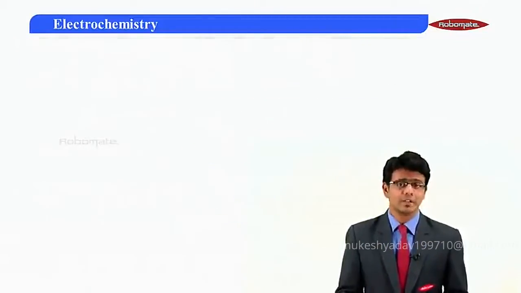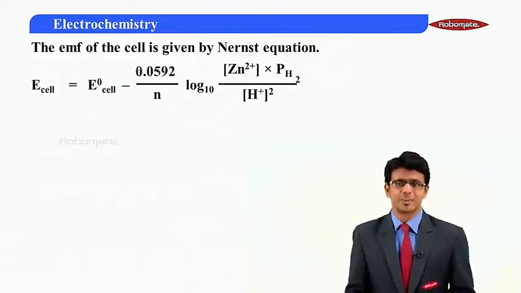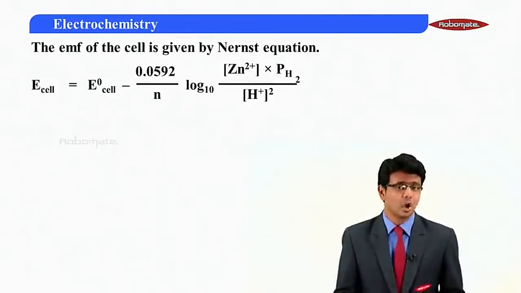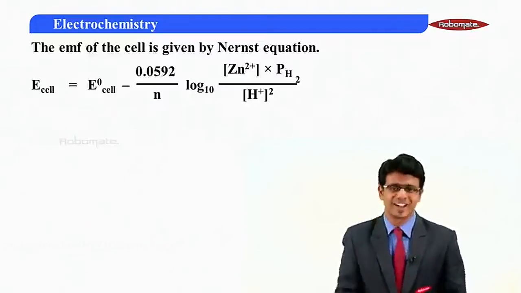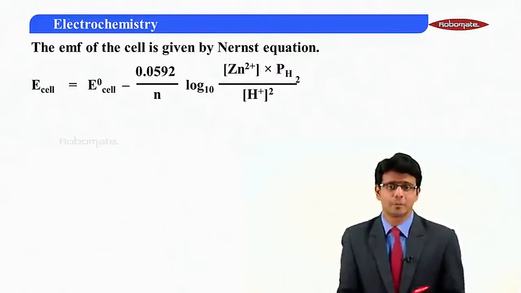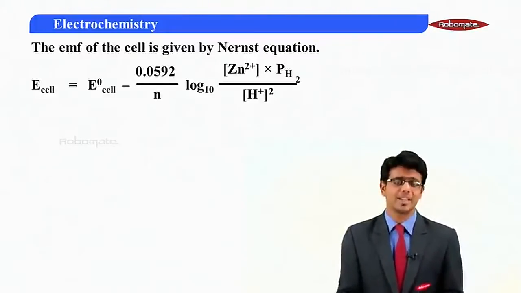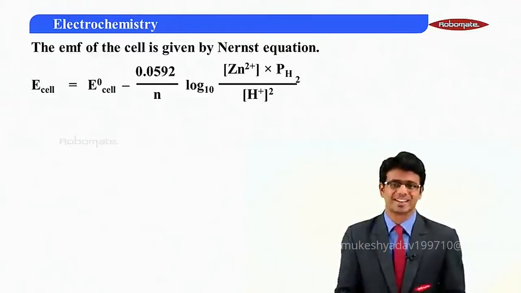So the Nernst equation for this particular reaction would be E cell is equal to E naught cell minus 0.0592 upon n log to the base 10 concentration of products upon concentration of reactants. So here the products were Zn2 plus ions concentration multiplied by pH2, that is pressure of hydrogen gas, upon concentration of H plus ions square.